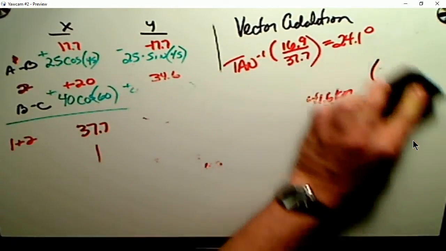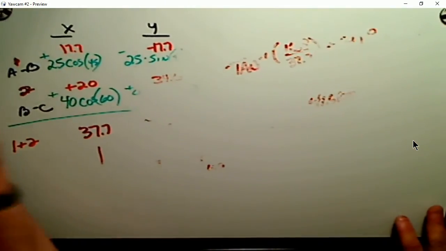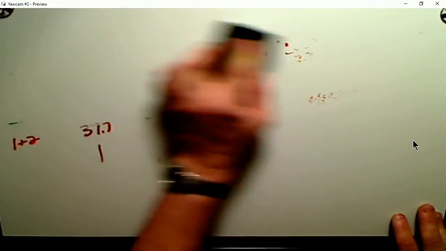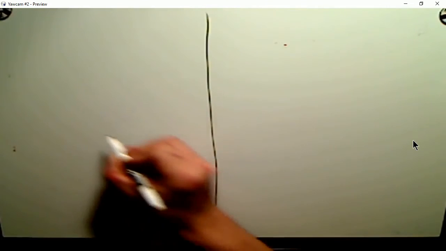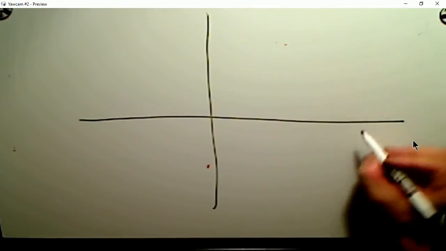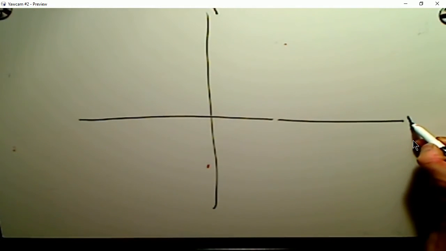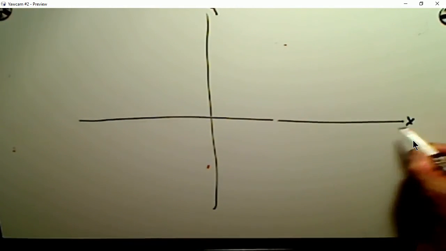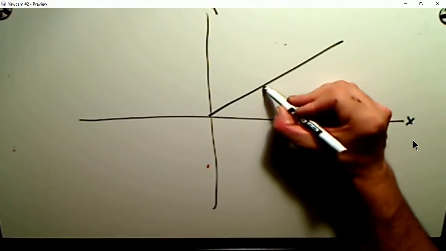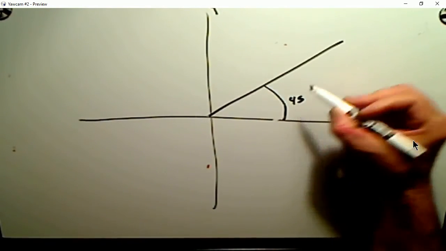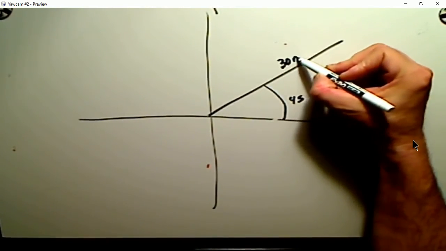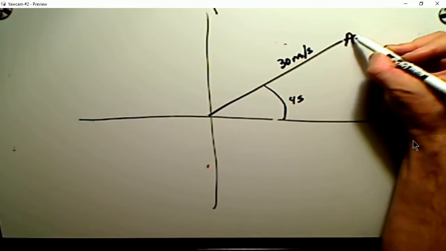Now, one of the things you might have noticed, if you remember all of your trig, is that I can calculate here my cosines and sines and stay consistent with sines and cosines. Let's just take this in the y direction and this in the x direction, and let's say this is 45 degrees and this is 30 meters per second. This particular vector A is the vector.